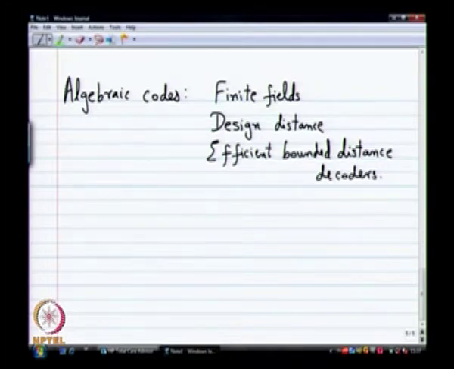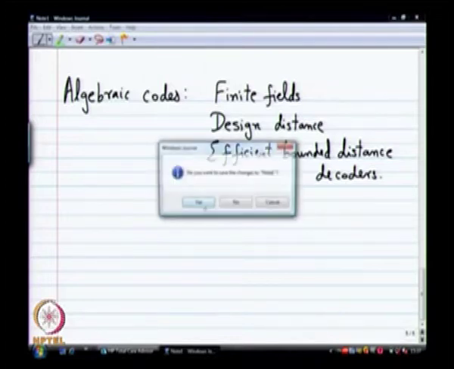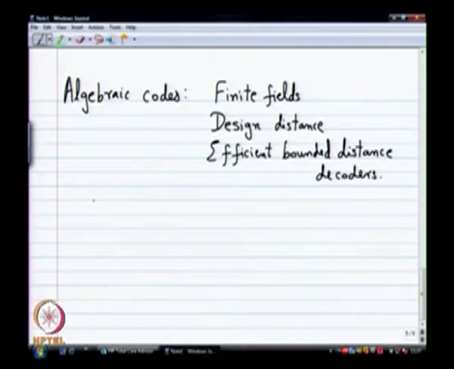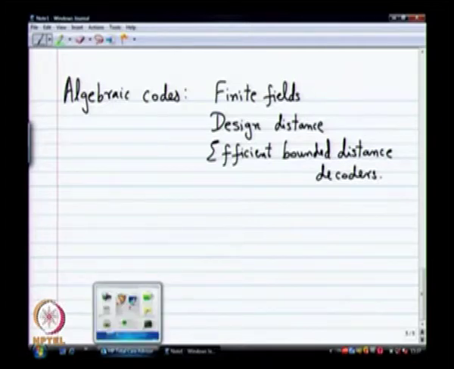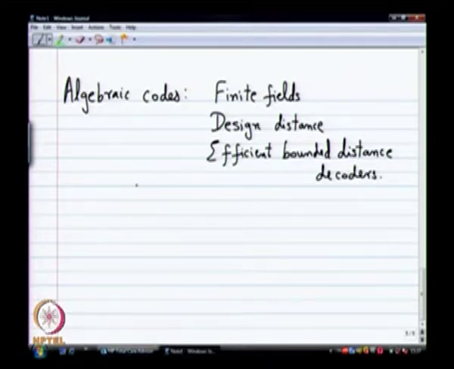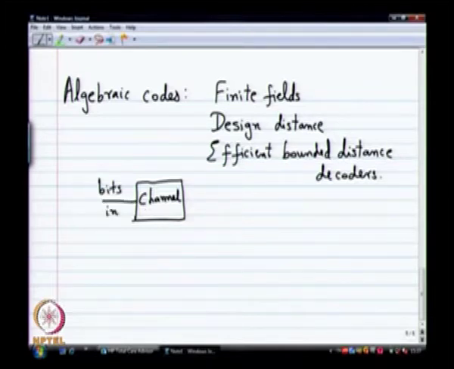For a long time, the way people viewed codes was that you have a certain communication channel, on which you have done a lot of work, so that you have bits going in and bits coming out.